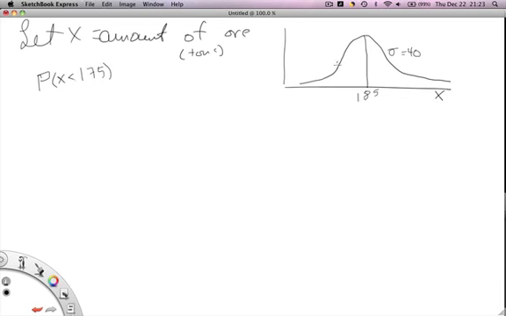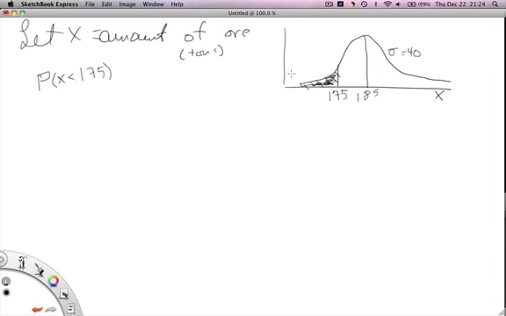Somewhere over here is the value 175. As always with probability histograms, if we have to find a probability, that corresponds to the area. So the chance of having a segment that weighs less than 175 tons is equal to this area here.